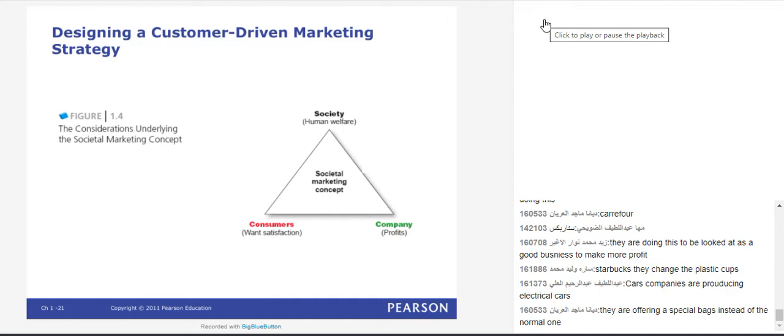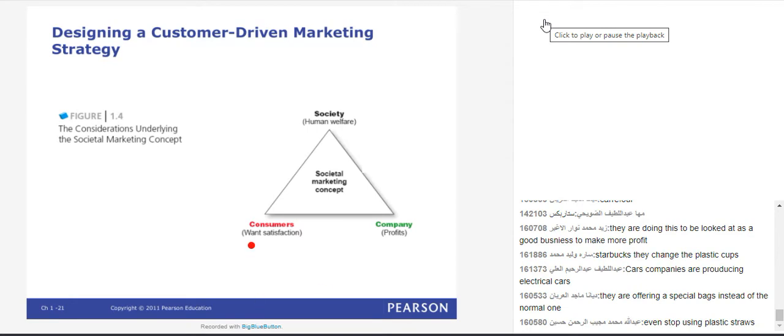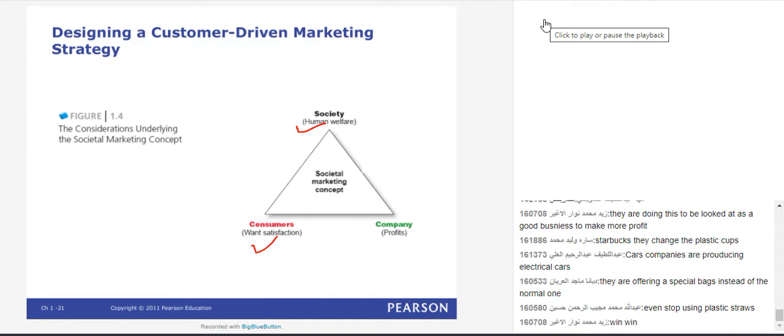Businesses exist to make profit. That's a rule of thumb. But while making profits, why not make the customers happy and society happy as well? To make more happy and to make more profit. Exactly.